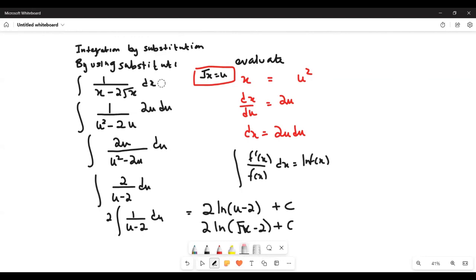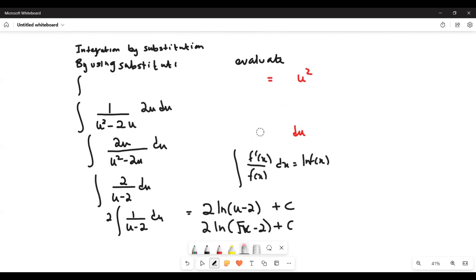Now the question is, by using the substitution x equals 1 plus u, evaluate x minus 1 power 5 dx.